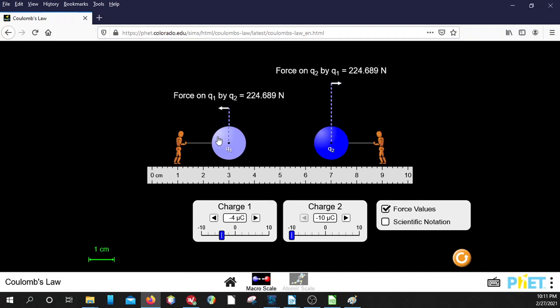They're 4 centimeters away. Q1 is fixed. We're going to leave this alone. And right now the force is 224.689. One thing we're going to find is that there are no errors in this lab, which is a bit unfortunate. So to keep our numbers from being completely perfect, I'm going to round it off to, say, 224.7.